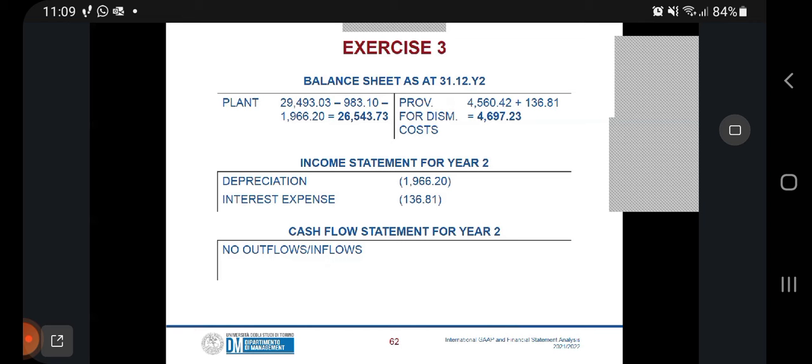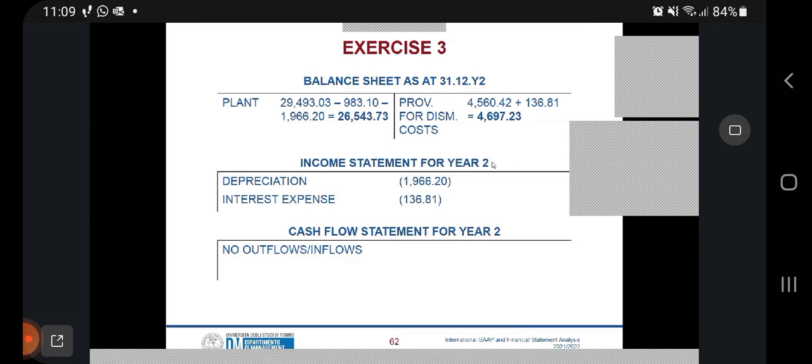Because now I have a question for you. You have 10 minutes in order to compute the value of the provision for dismantling cost for year 3 and year 4, and then the interest expense. And then we will check it together. You have to compute now the amount of the provision for dismantling costs for the 3rd and the 4th year, and the same for the interest expense.